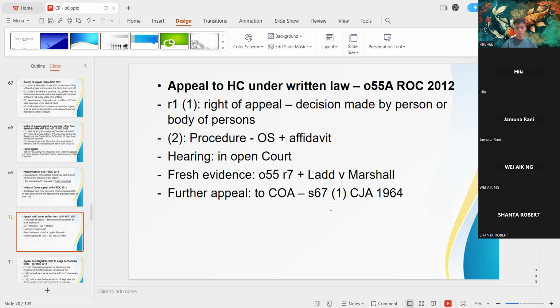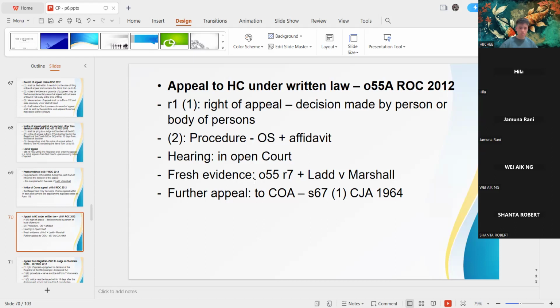So under 55A, the right of appeal is made by the body of persons, which simply means the tribunals. So the procedure is OS and affidavit, and the hearing is in open court.